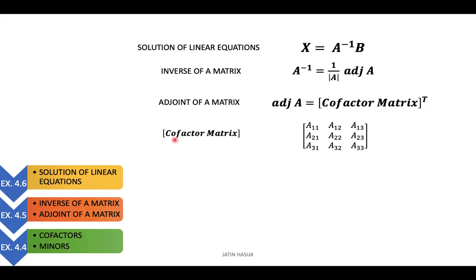Another new term is a cofactor. What do we mean by a cofactor? Cofactor will be Mij multiplied by minus 1 to the power of i plus j. Now another new term is Mij, which is the minor, represented by this.